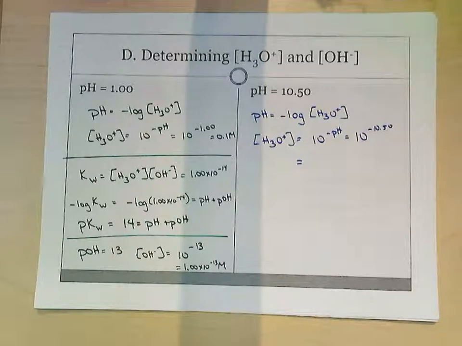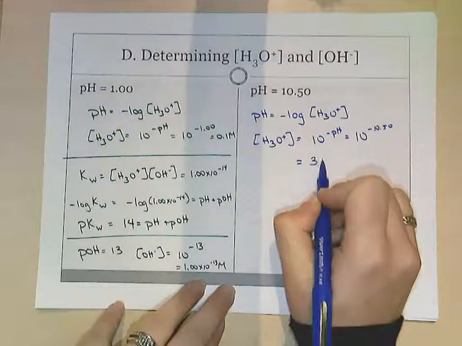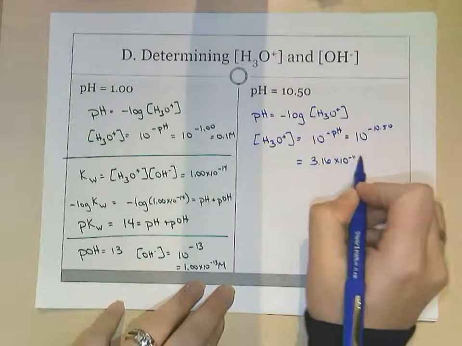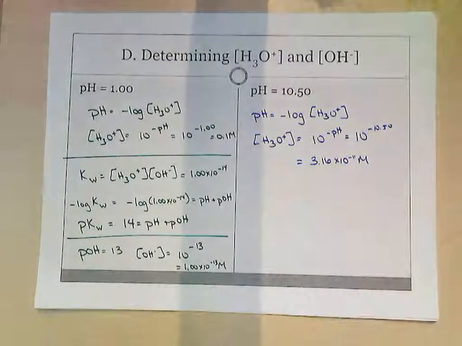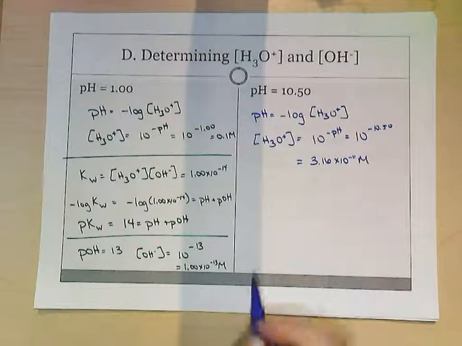What does that turn out to be? All right, so then how do I go about figuring out the OH concentration? Right, the pOH is probably the easiest thing to do.